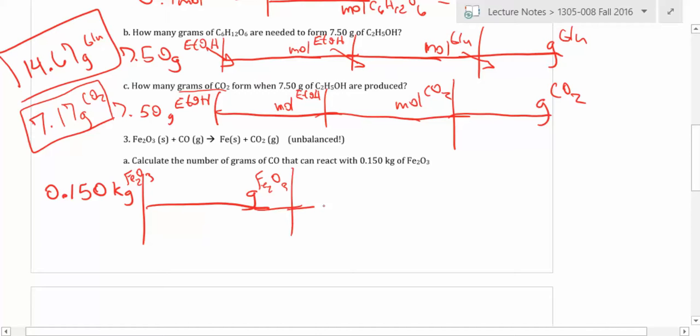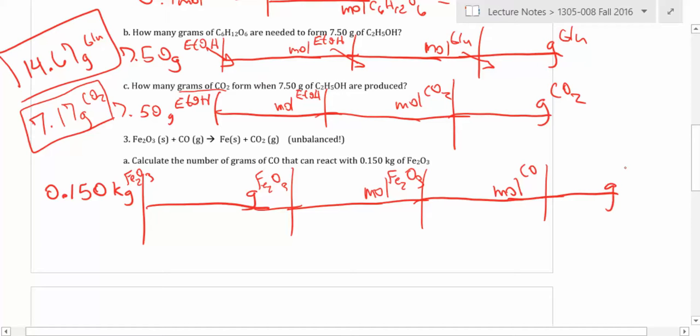And then from the kilograms, I can go to the moles of Fe2O3. And then from the moles of Fe2O3, I can convert to the other thing, which is carbon monoxide. Moles of carbon monoxide, then to the grams of carbon monoxide. That's the process I would follow.